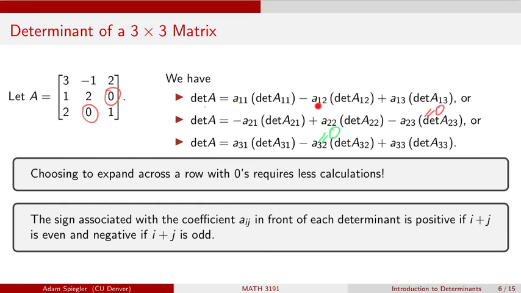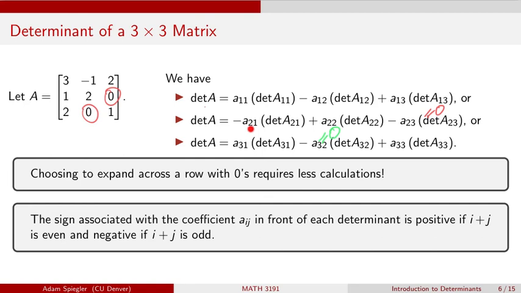When the row and the column add up to an odd number, such as in this case 1 plus 2 gives us a 3, we put a negative sign there. So to determine whether we put a plus or a negative sign in front of that term depends on the sum of i and j.